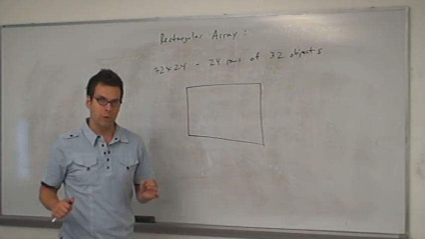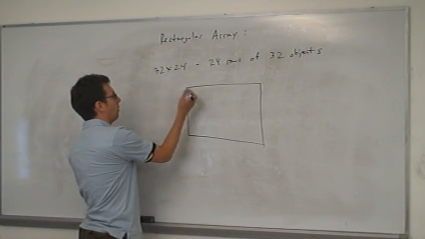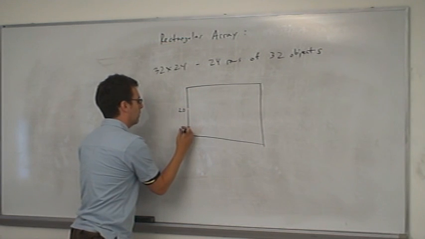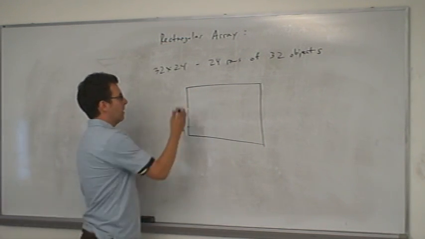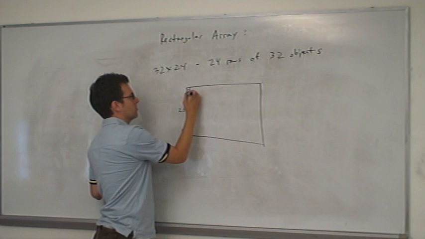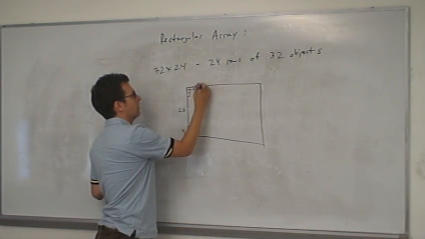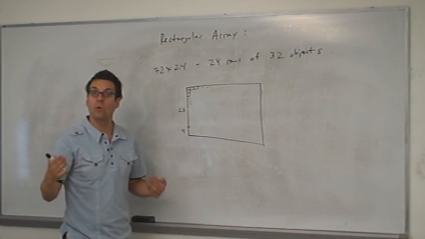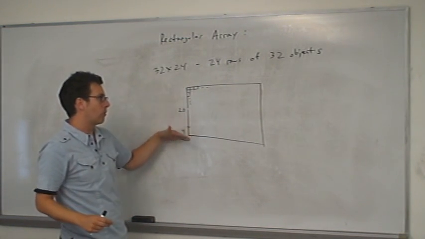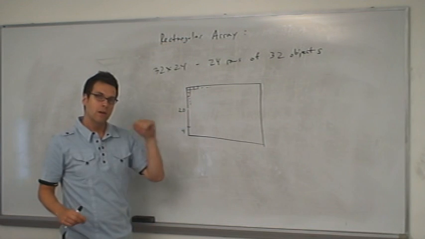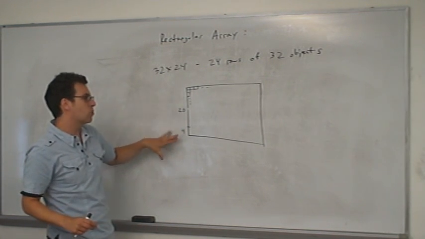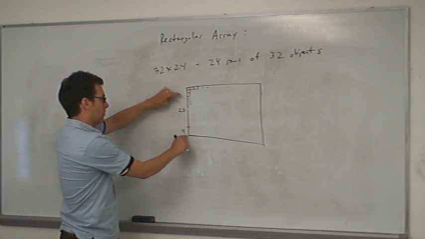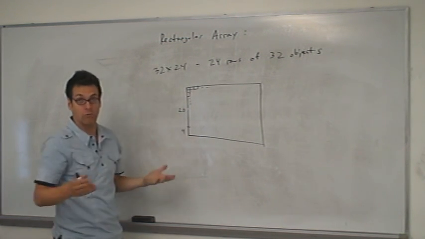Well, one way of doing that is to imagine 24 rows broken up into 20 rows and 4 rows. Okay, again, I'll start drawing in some boxes. I'm certainly not going to draw them all in. So again, we might try to imagine in our heads 24 rows of 32 boxes and think of the 24 rows being split up as 20 rows and then 4 rows. 20 rows plus 4 rows is certainly 24 total rows.